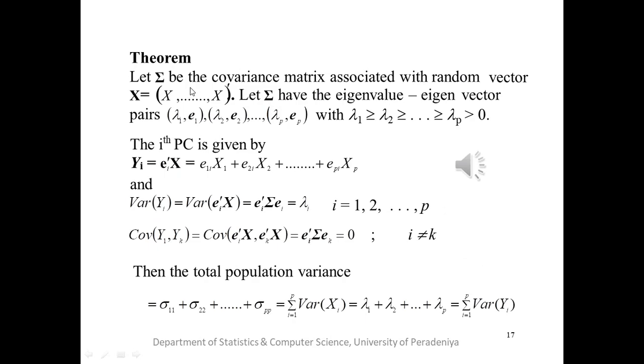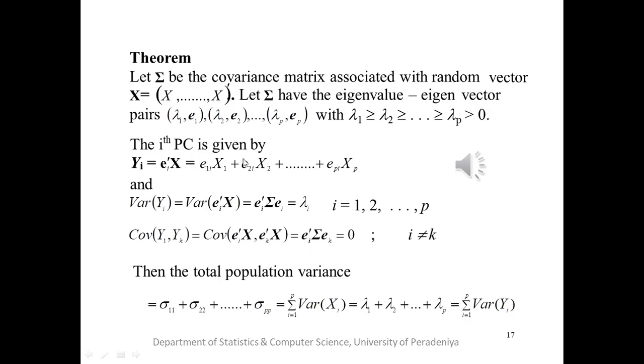Suppose the variance-covariance matrix of vector x is Σ with eigenvalues lambda 1, lambda 2, up to lambda p, and eigenvectors e1, e2, up to ep. Since the matrix Σ is positive definite, all eigenvalues are positive.